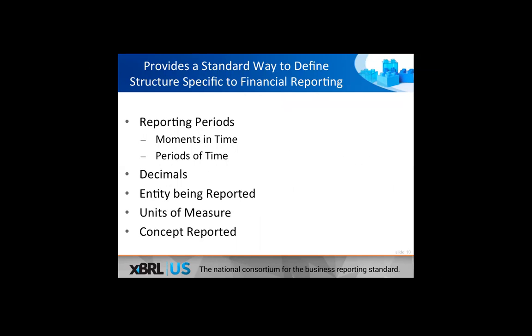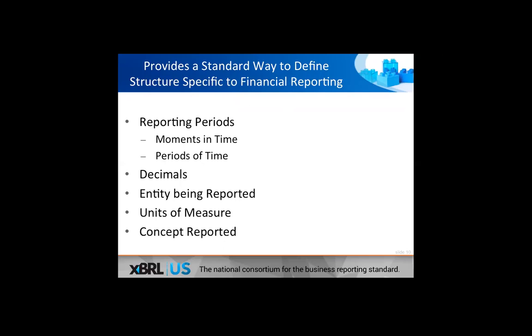So how does XBRL do this? The standard takes the simple XML tagging function that I showed earlier and adds additional structure into it. That additional structure is used to better define financial data. This is really critical, because it means that all the data reported in XBRL has a consistent means of reporting characteristics of financial data like reporting periods, moments in time, periods in time, decimals, entity being reported, units of measure, and the concept being reported.